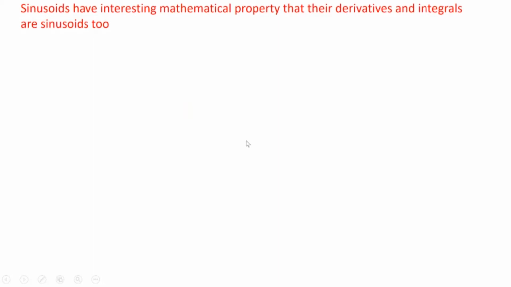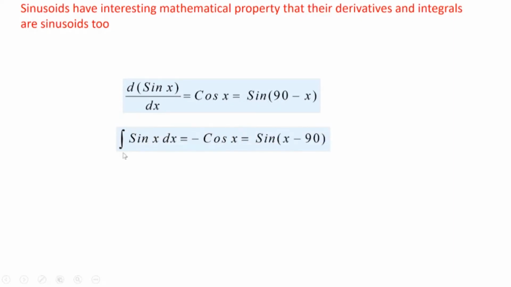Sinusoids have another interesting property: their derivatives and integrals are also sinusoids. If we take the derivative of sin x, we get cos x, which is nothing but sine with a 90-degree phase change. The integral of sine is also a cosine with a minus sign, so again with some phase change.